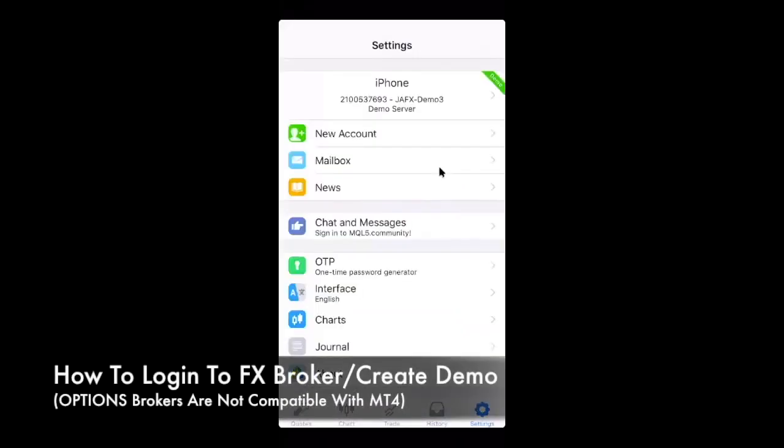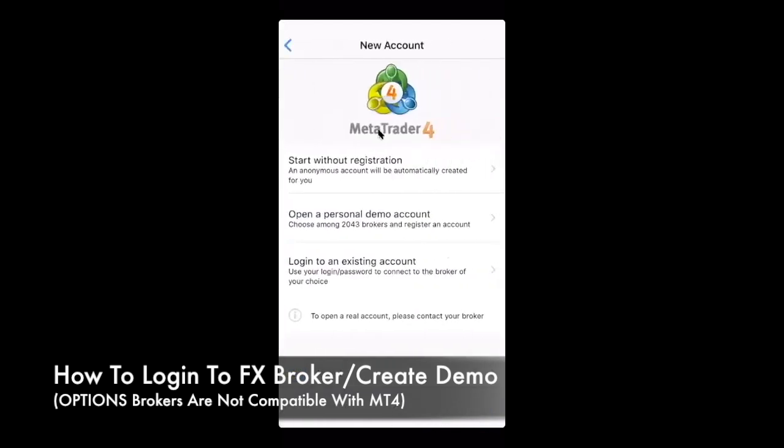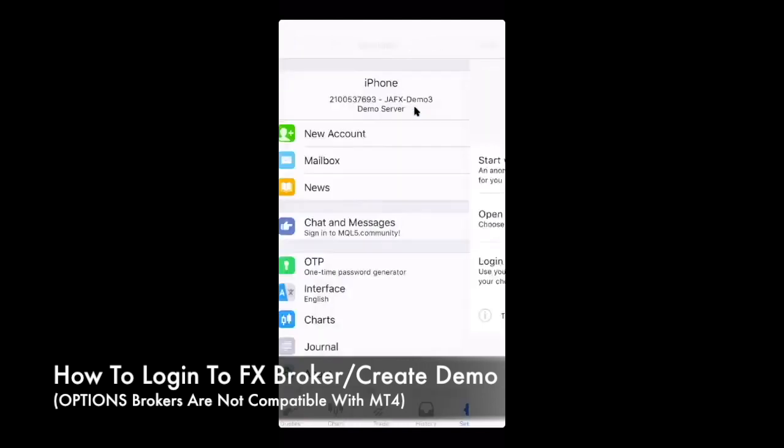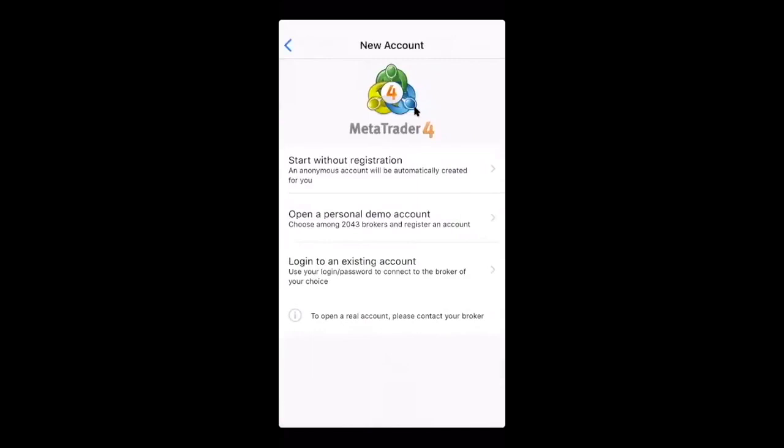Now, let's go to settings. On settings, this is where you can sign in to your broker using the MetaTrader 4 platform. So we go to settings, and let's just say we click on new account. Now you can start a demo without registration, so MetaTrader 4 will do a demo for you. You can open a personal demo account utilizing another broker right away, instantly. And you can also log in to your existing account, whether it is a demo or a live account.